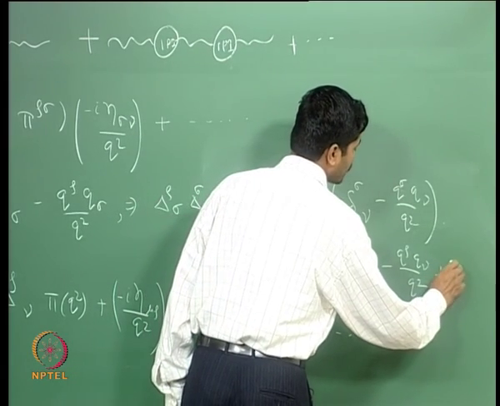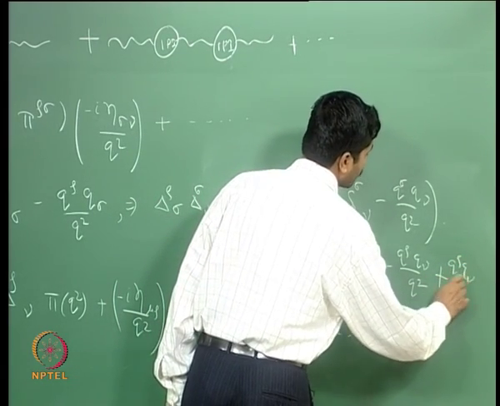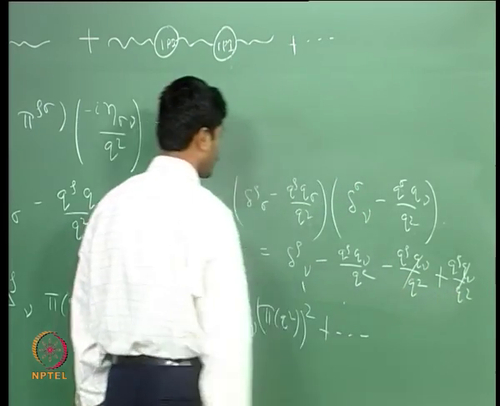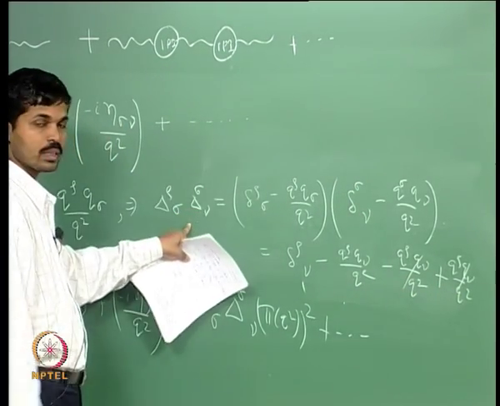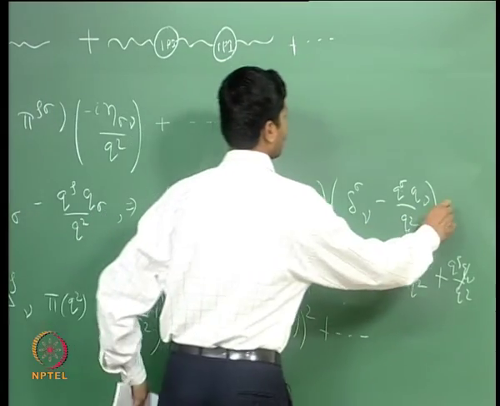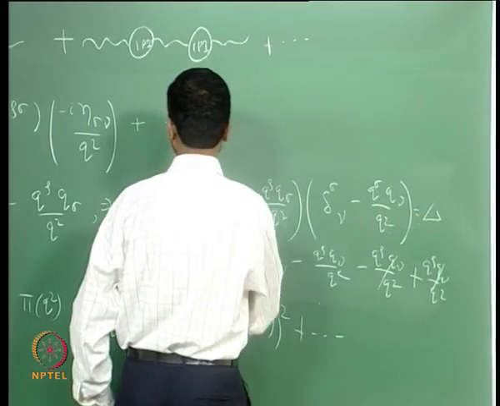So, this will be plus q rho q nu divided by q square, this will cancel, and as a result this is merely given by delta of rho nu.